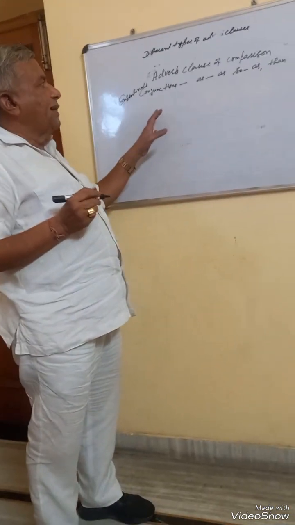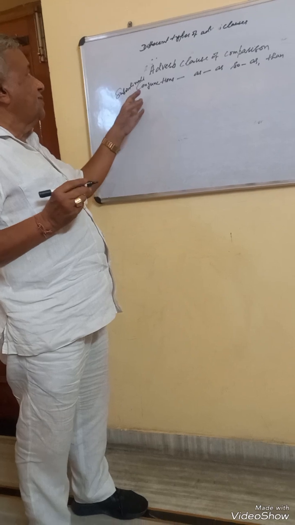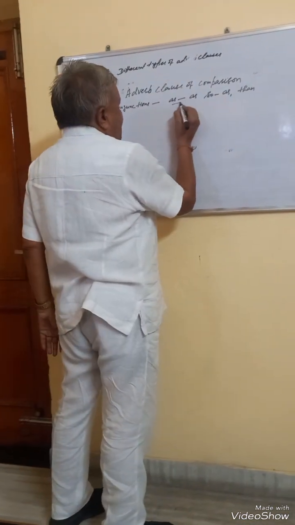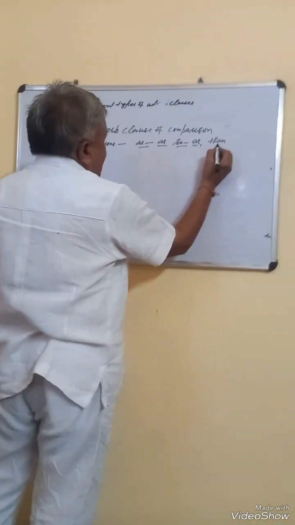In order to form an adverb clause of comparison, we use such subordinate conjunctions as "as," "so as," and "than."